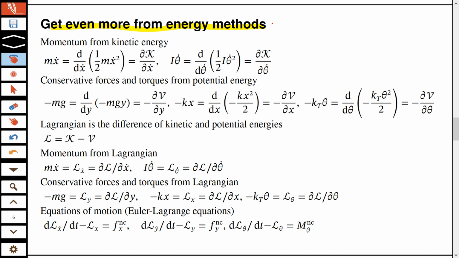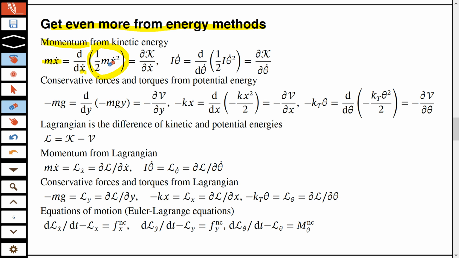Let's say I start from the kinetic energy, half mv squared. If I differentiate this with the velocity x dot, or speed if we want to be precise, it will turn out that you get momentum.